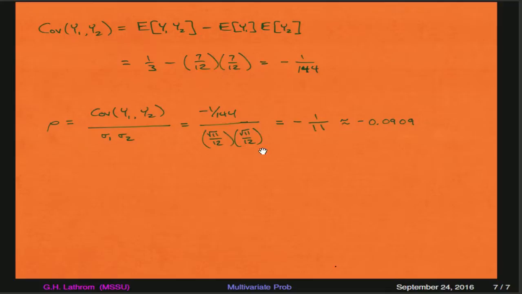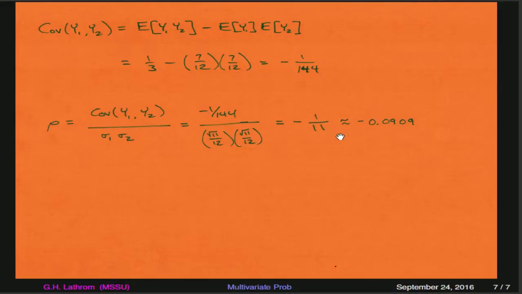For the denominator, the standard deviation of y sub 1 is just the square root of the variance, so the square root of 11 over 144. The same holds for the standard deviation of y sub 2. Simplifying this out, we get a correlation coefficient of -1 over 11.